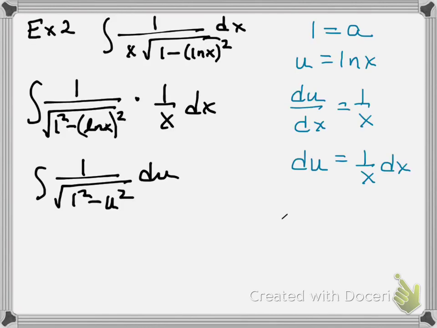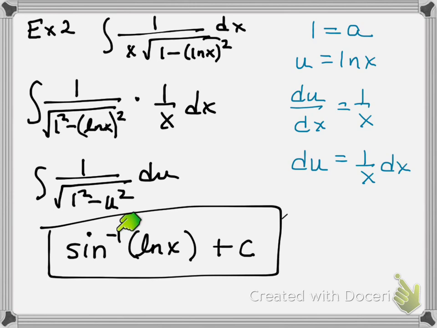Alright, so the antiderivative of this is inverse sine of u over a. My u is an ln of x, and my a is a 1, so I don't even have to put that, plus c, and I'm done. And if you'd rather write arc sine instead of to the -1, that's fine as well. And that's your example 2.